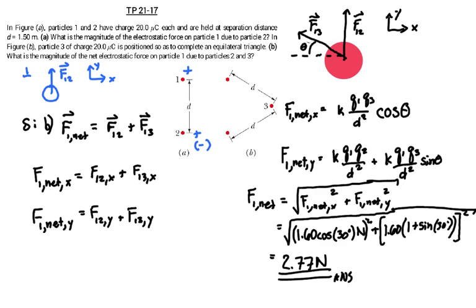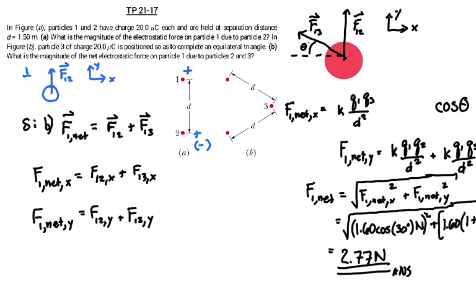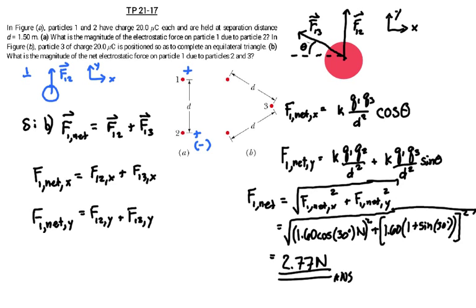Alright, so here's our answer. We have what is more commonly referred to as the Pythagorean theorem. Moving my stuff around. We have our hypotenuse here, and we have the x and y component, or the adjacent and opposite sides.